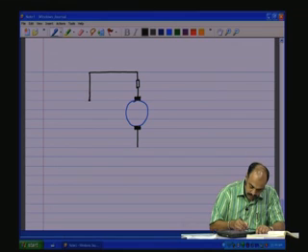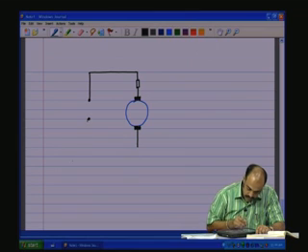Let me now make a small modification to the way we normally draw the schematic.